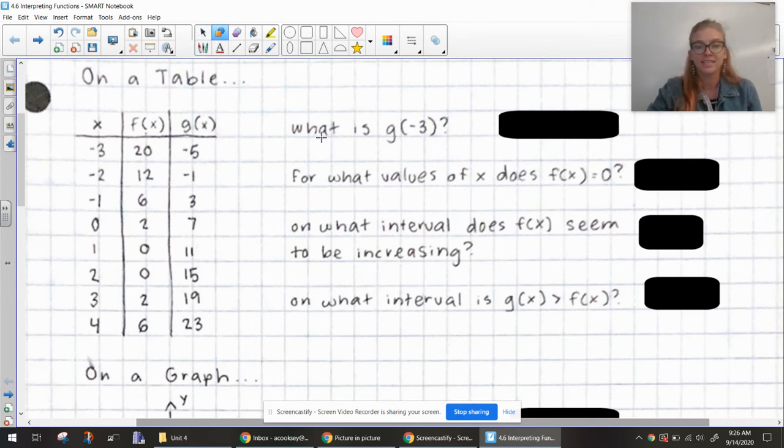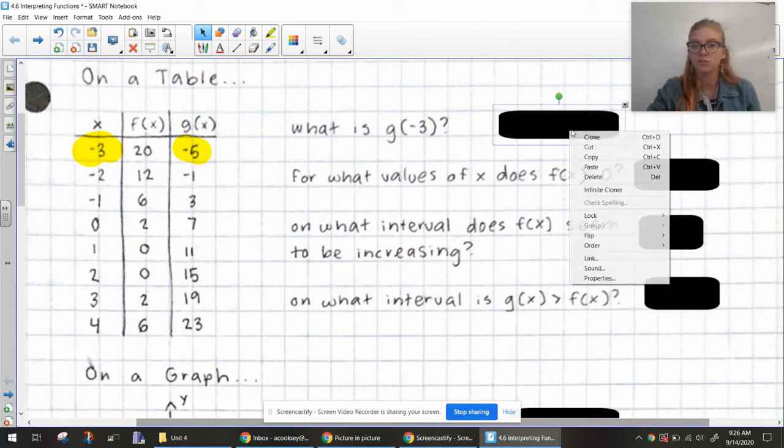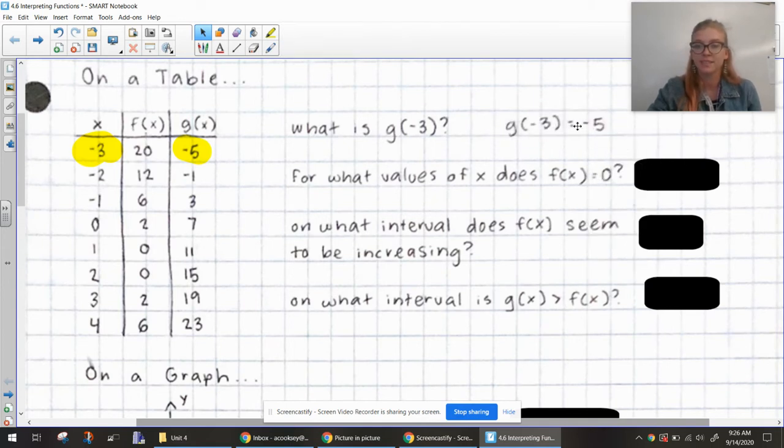So the first one is, what is g of -3? Well, to figure that out, I'm going to look at -3 in my x's, and then I want to see what is g when I input -3. It's -5. So g of -3 is -5. The next question is, for what values of x does f of x equal 0?